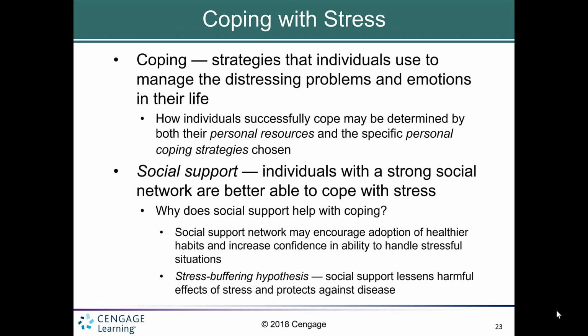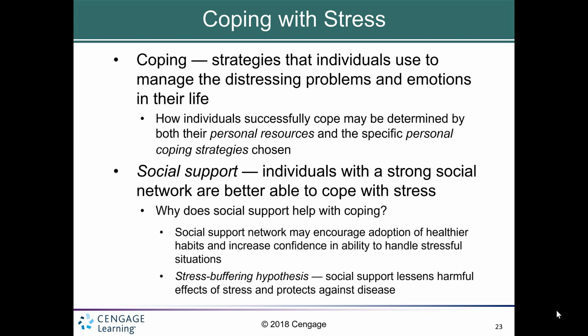So I have mentioned coping with stress a few times throughout this lecture. Well, the term coping is usually applied to strategies that people use to manage the distressing problems and emotions in their lives. Folkman and Lazarus suggested a number of personal resources that could help people manage the demands of a stressful situation, including good health, optimistic beliefs, socioeconomic resources, social skills, and social support.